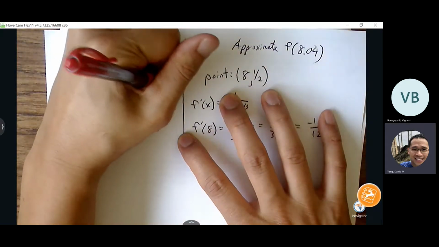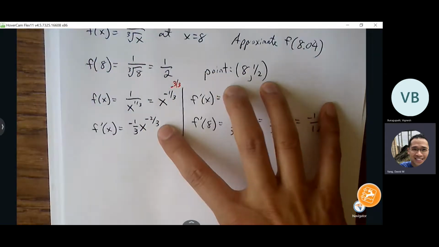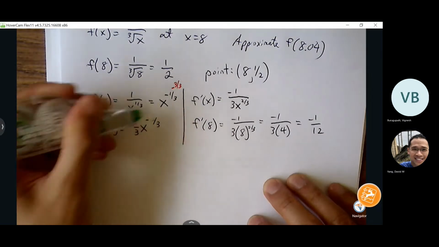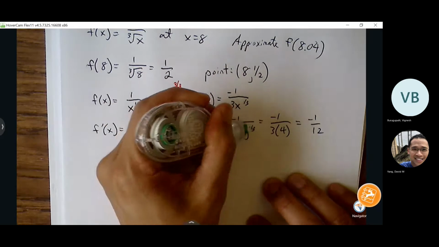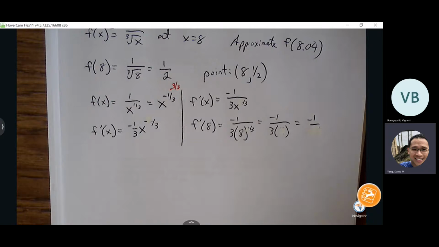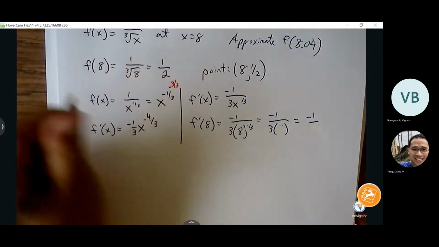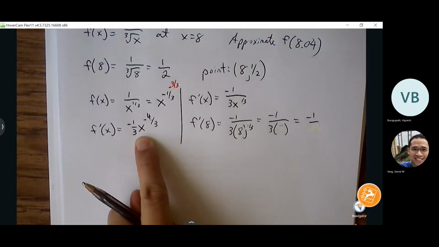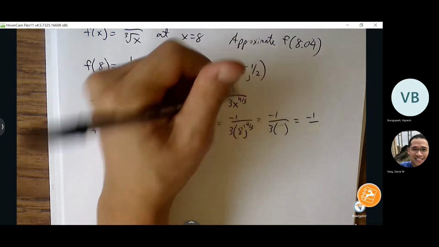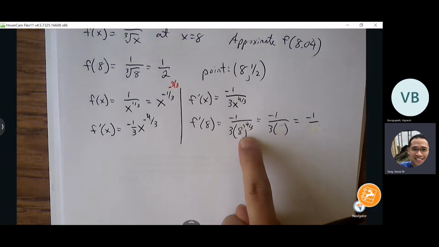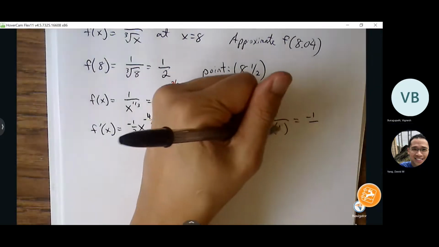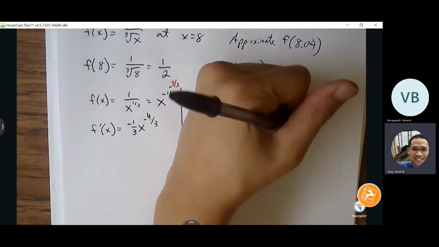I need to subtract 3 over 3. Cube root of 8 is 2. 2 to the 4th is 16. 16 times 3 is 48.